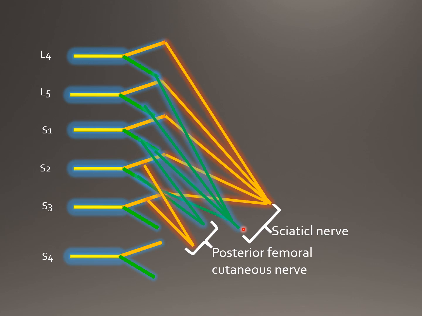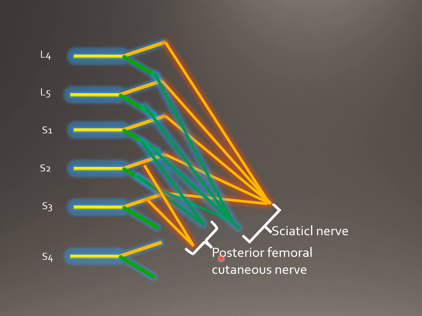This also has both dorsal and ventral branch. Ventral branch of ventral rami of S2 and S3 and dorsal branch of ventral rami of S1 and S2 join to give rise to posterior femoral cutaneous nerve.